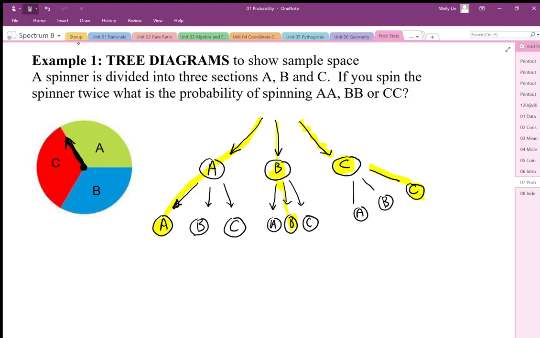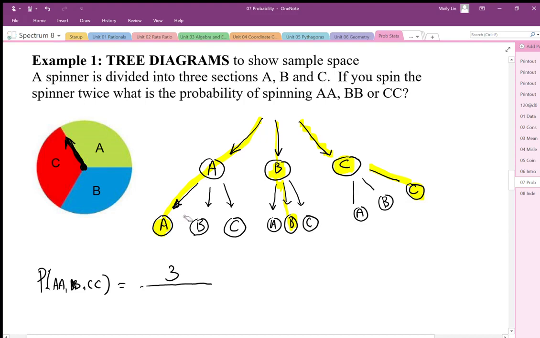With our sample space, we can then establish our probability. So the probability of AA, BB, or CC. How many of the events are we looking for? There's three events here that we wanted: the AA, BB, CC. How many events are there in total?